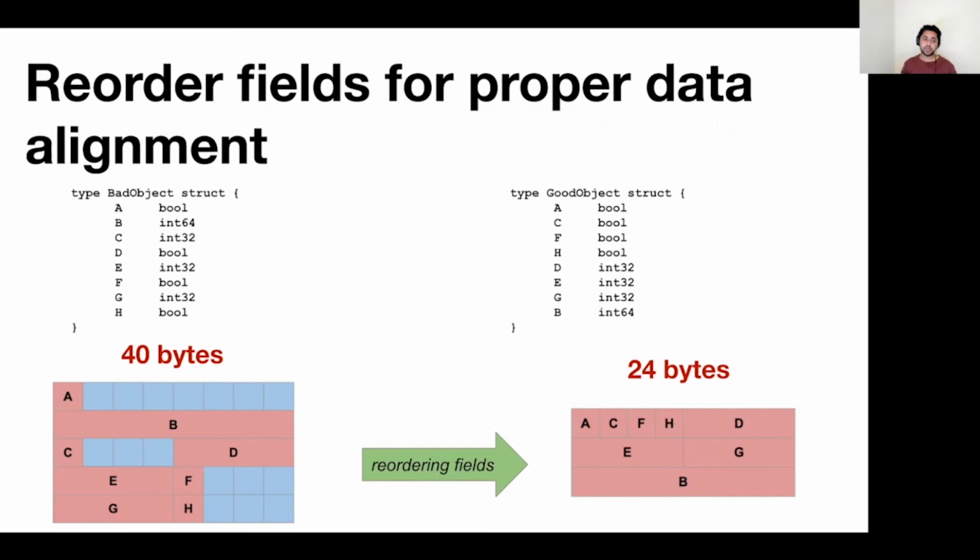But by carefully rearranging the fields, we can reduce the amount of padding needed. And here we can see that just rearranging them lowered our memory usage by 40%. So overall, by pruning the unused fields and rearranging the rest, we went from a size of 64 bytes to 24 bytes, which was almost a 62% improvement. In a large-scale system with thousands or millions of such objects in use in memory, this simple method could vastly reduce our memory usage and improve our performance.